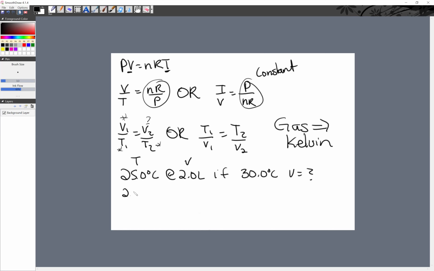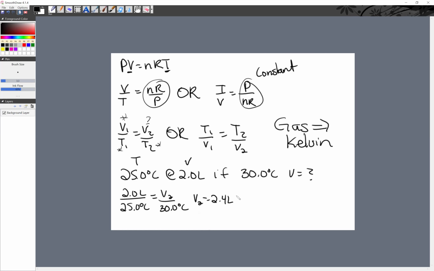So I have 2 liters over 25 degrees is equal to V2 over 30 degrees. And so V2 turns out to be 2.4. I would expect that.